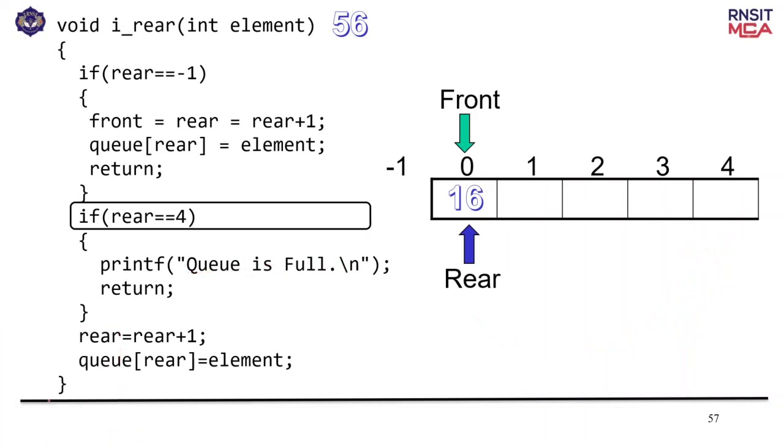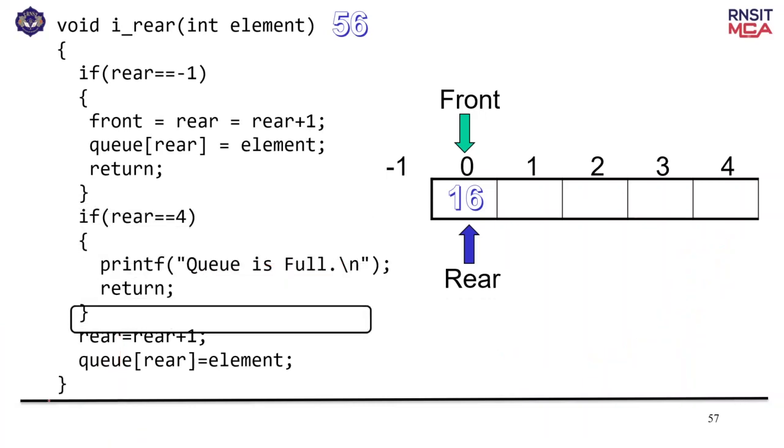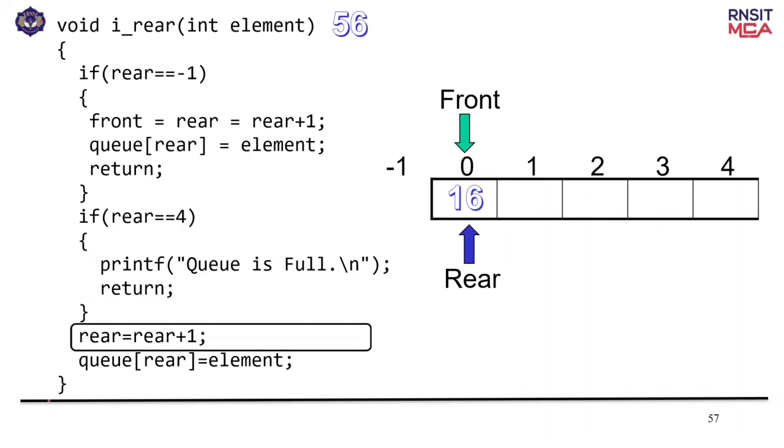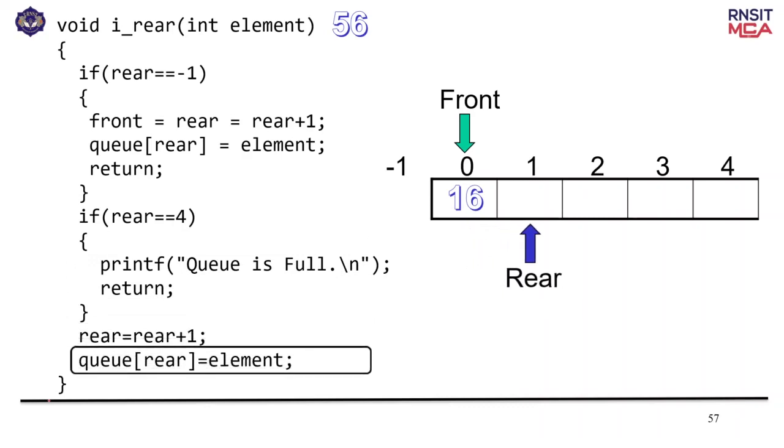But it is not, so what do you do? Rear is equal to rear plus 1. You increment the rear, and Q of rear is equal to element. So the element will be stored in the rear position.